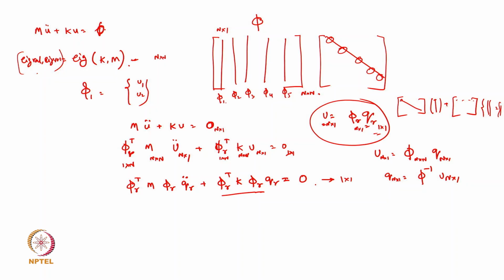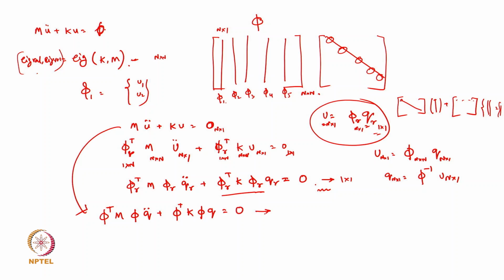But still, don't worry. Still we have something somewhere in the question. So we cannot write it in that simple manner, not directly. What we can do is phi transpose instead of phi r transpose: phi transpose m phi q double dot plus phi transpose k phi q should be equal to 0.